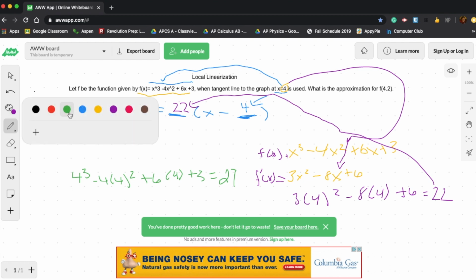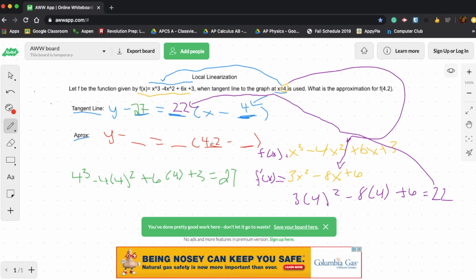Now you want to do the final step and solve for the approximation. You already know y minus blank equals blank times x minus blank. The reason I put a blank here is because, like I said previously, you plug in 4.2 for that x value.